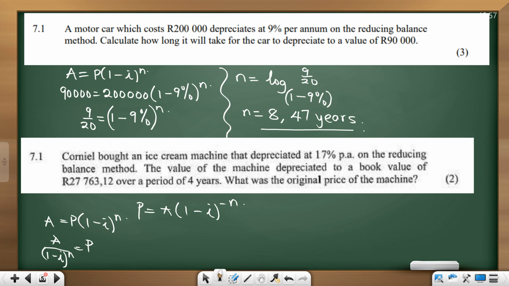Use what you know already. Is that fine, everybody? What is my A? 1,763,12. 1 minus. What's the interest? 17. How long? 4. What's your answer? 5?